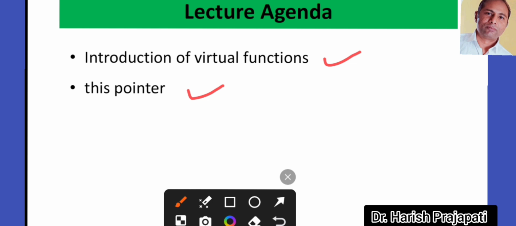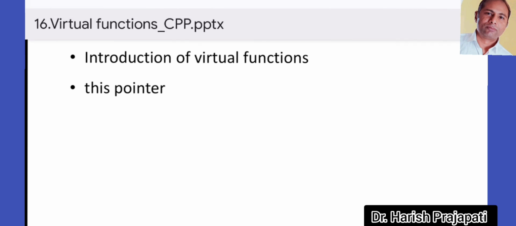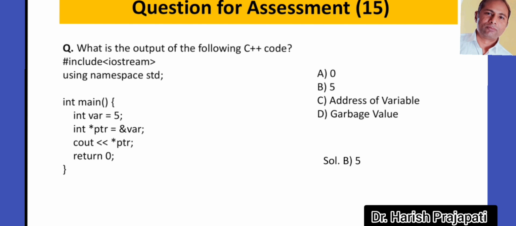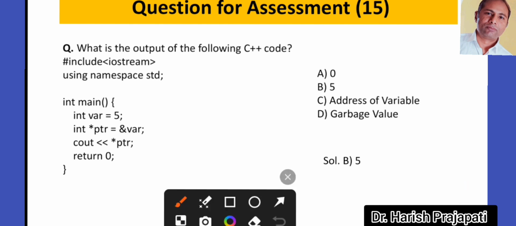Now, the question given to you in the previous lecture was: what is the output of the following C++ code? Initially, we write #include <iostream> and using namespace std.